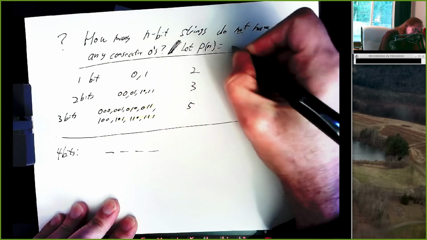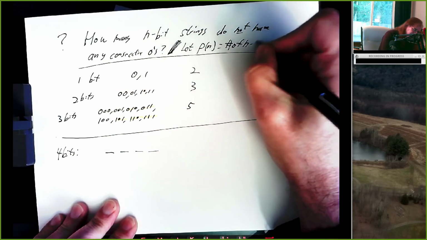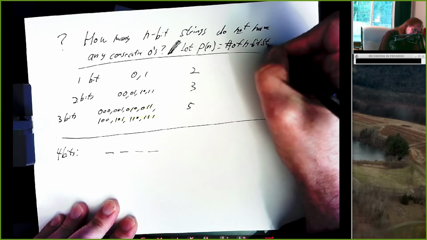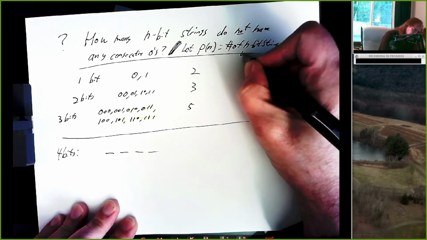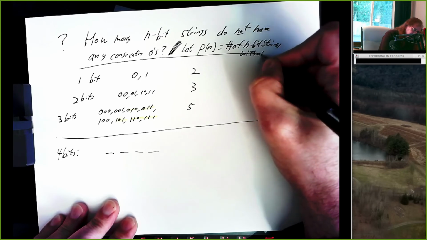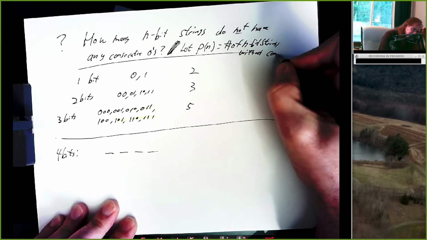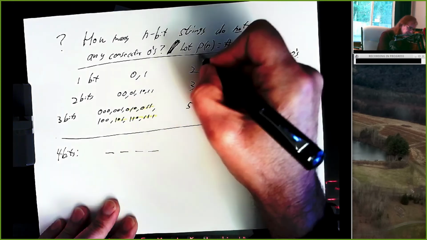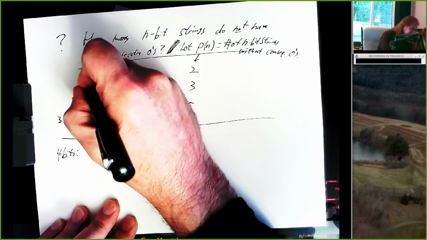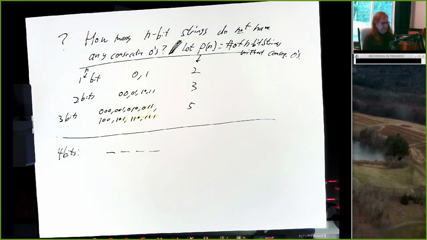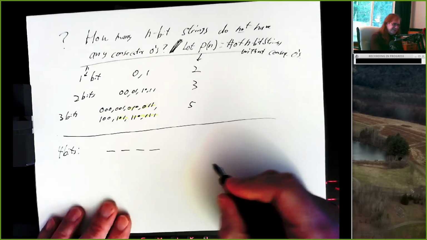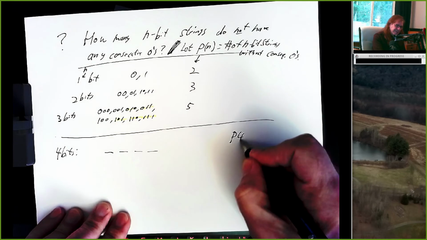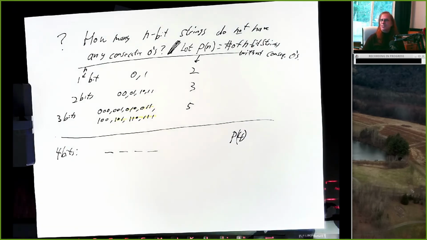P of n equals number of n-bit strings without consecutive zeros. So here's what P of n looks like for these values of n. So we want to calculate what P of 4 is. How many 4-bit strings don't have consecutive zeros?